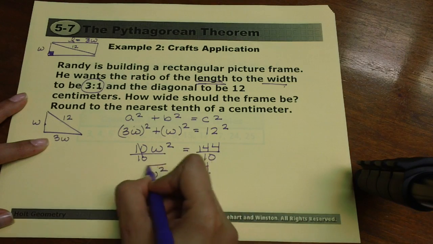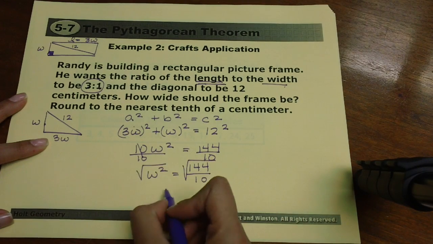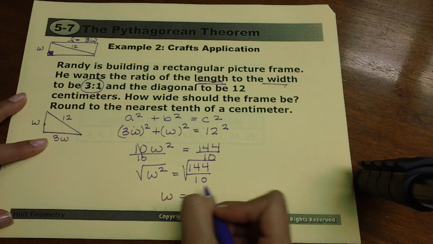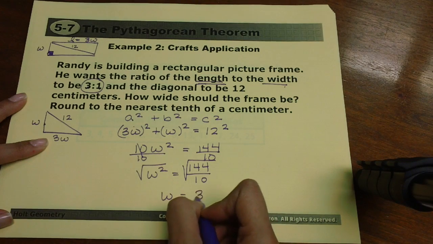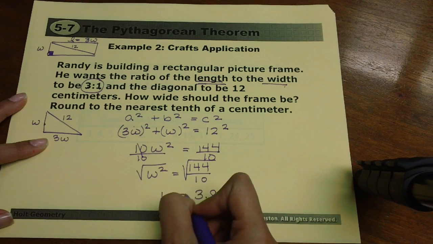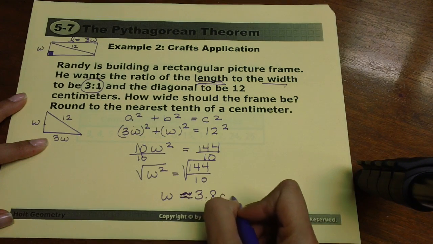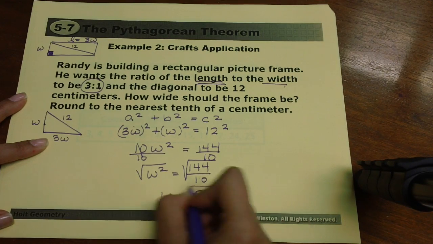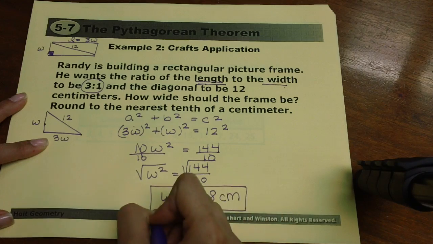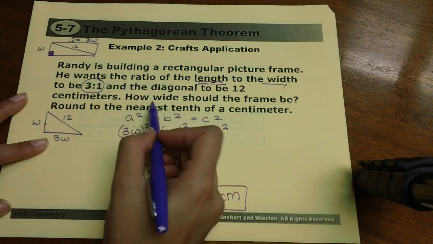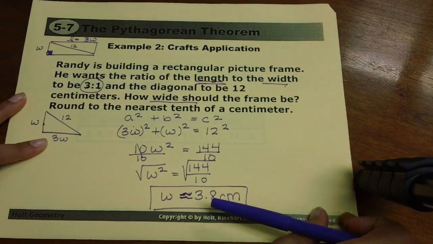You take the square root of both sides. You end up with W being equal to 3.8. Actually, that should be approximately. It's not exactly 3.8, but if you plug it in a calculator, it's about 3.8 centimeters. And that was the question. It says, how wide should the frame be?